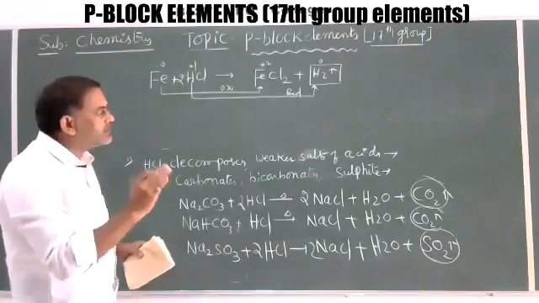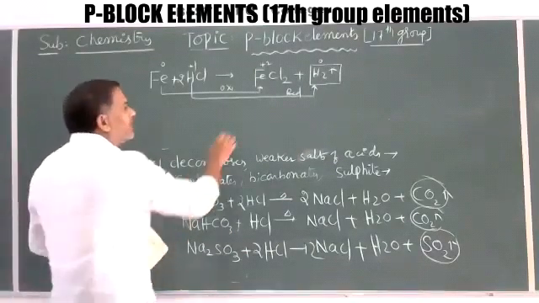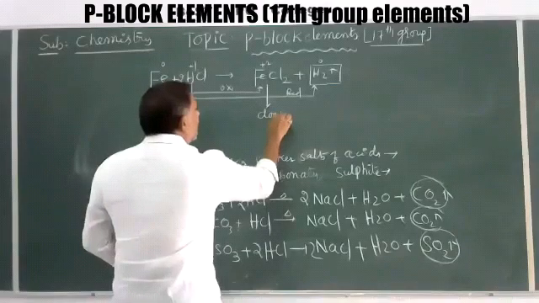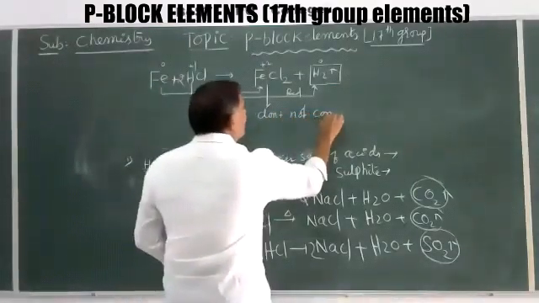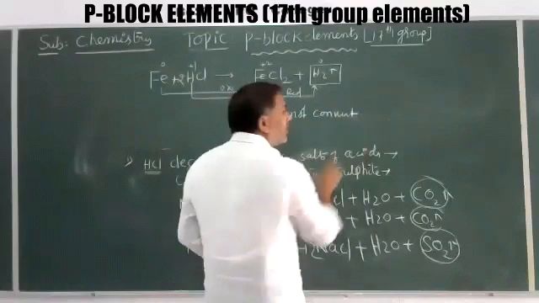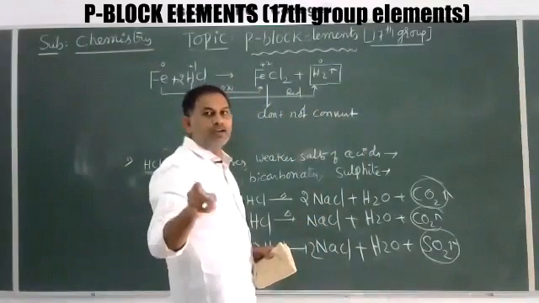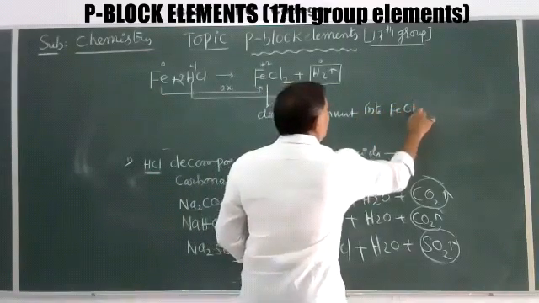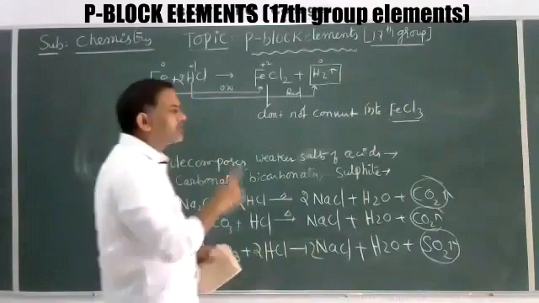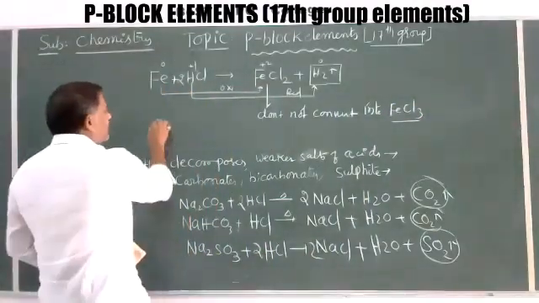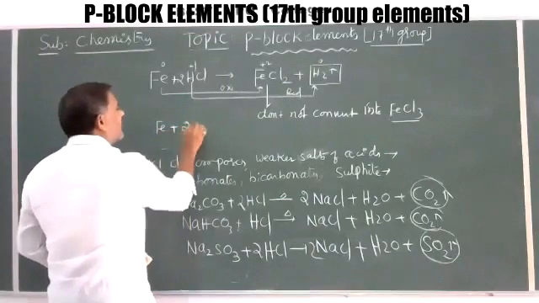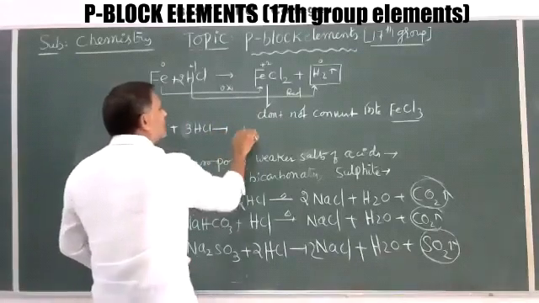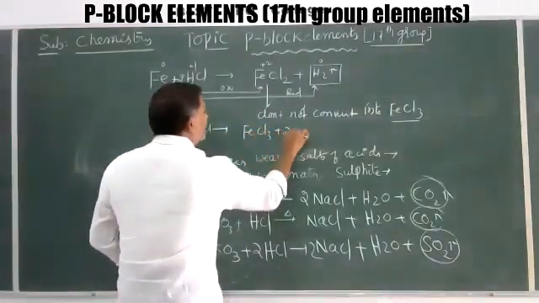But the main important concept here is that the obtained FeCl2 does not convert into FeCl3. That is, Fe does not react with 6HCl or 3HCl to give FeCl3 plus 3 moles of H+.